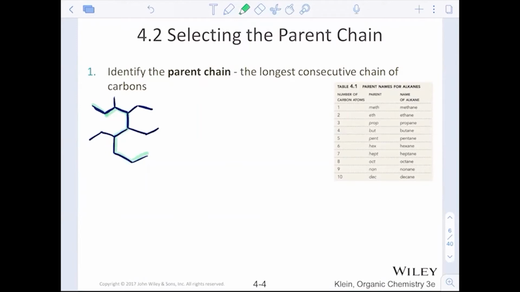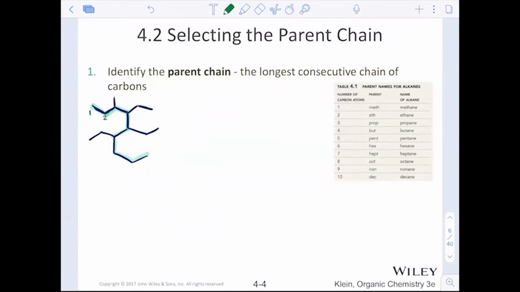Maybe 1, 2, 3, 4, 5, 6, 7, 8. Okay, that's not as good. 5, 6, 7. That's not as good. I think the one that I found here, 1, 2, 3, 4, 5, 6, 7, 8, 9, is my longest chain for my parent. So I'm going to go ahead and number those in green.